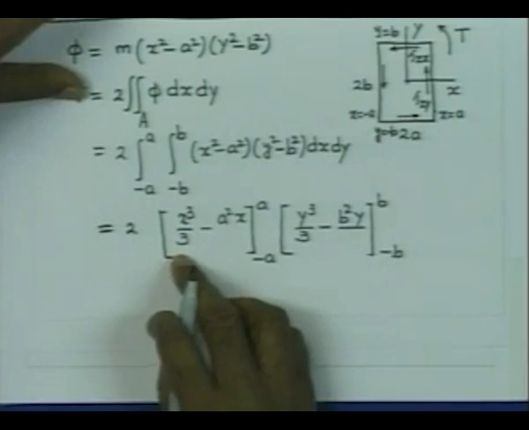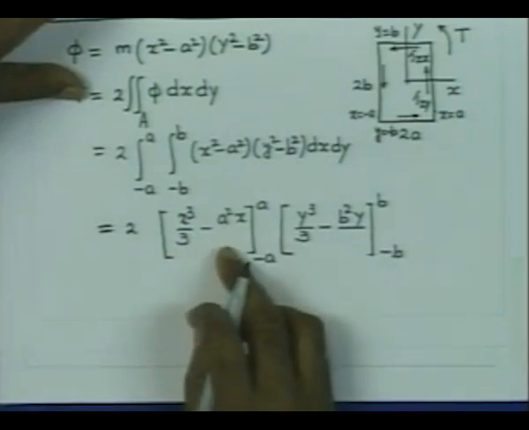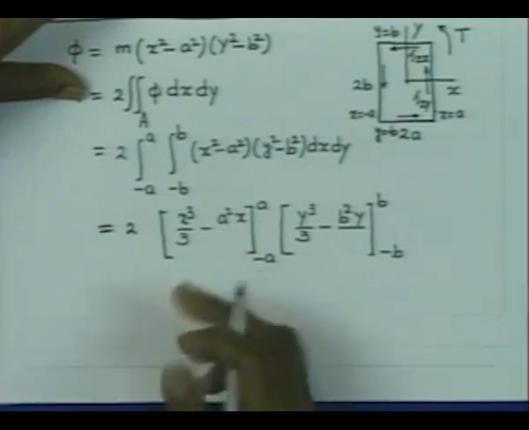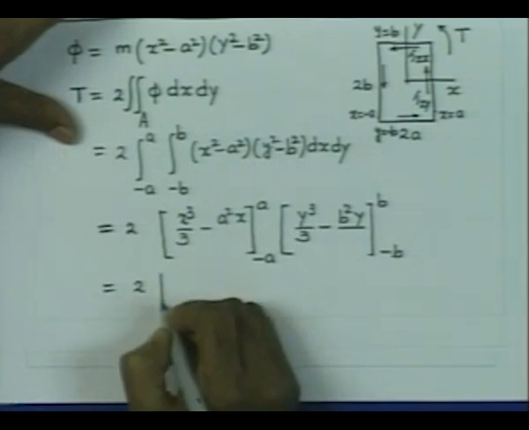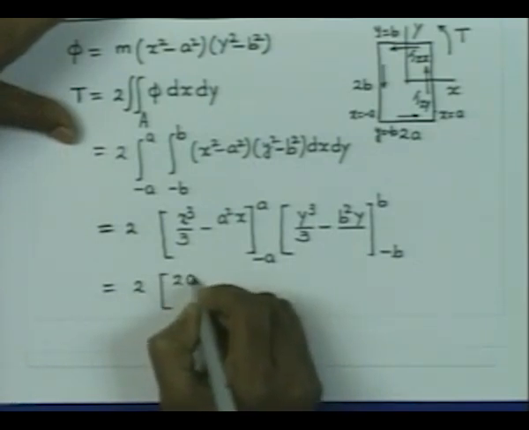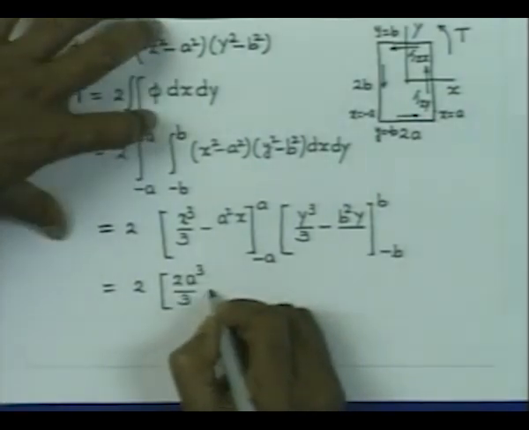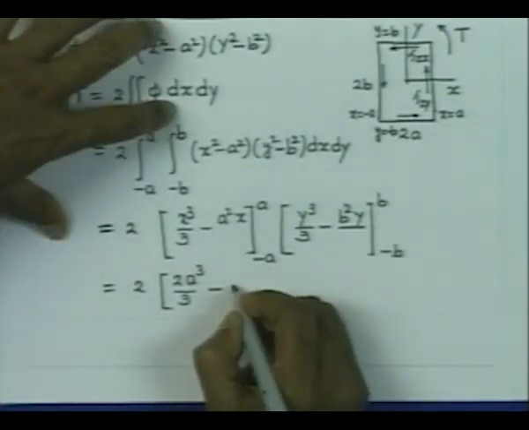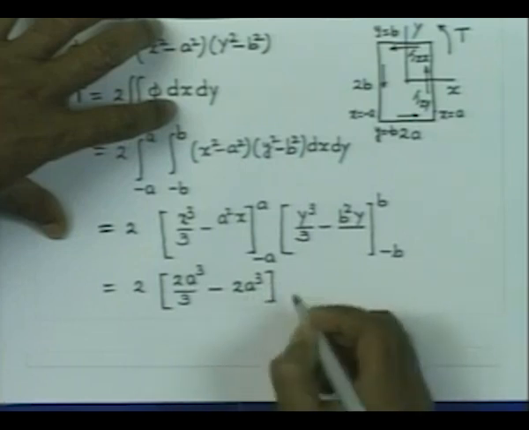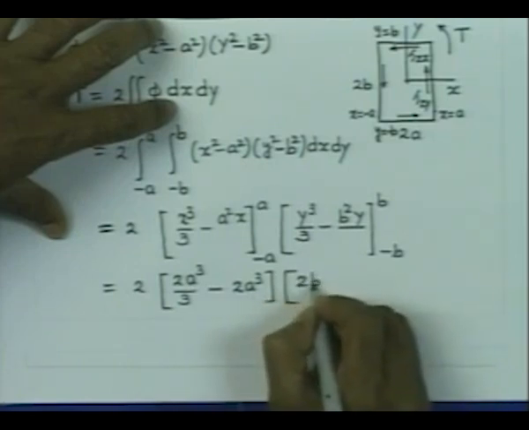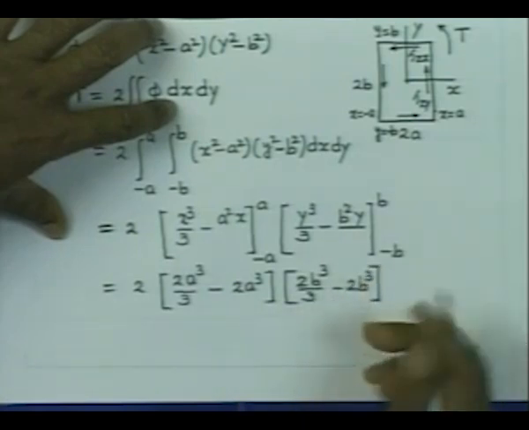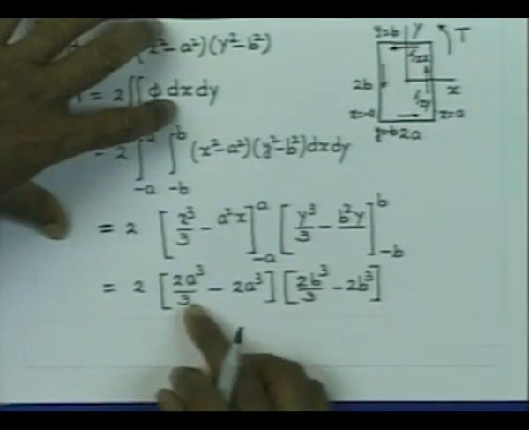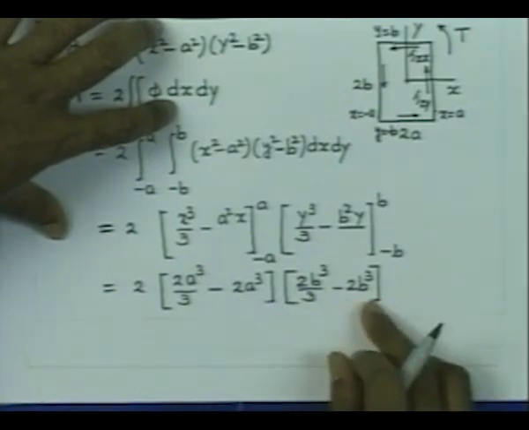So, this will give us 2a cube by 3 minus 2a cube, and 2b cube by 3 minus 2b cube. So, this will give us minus 4a cube by 3 and this will give minus 4b cube by 3.